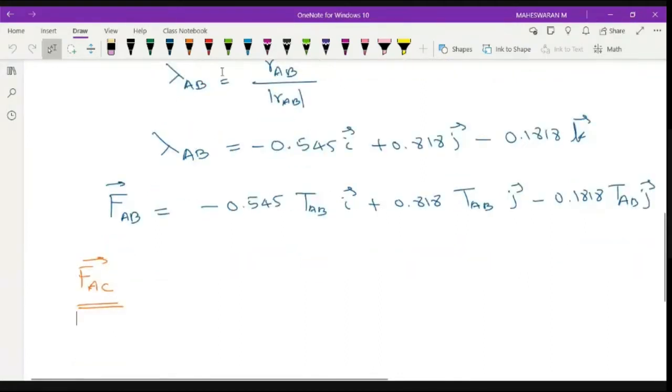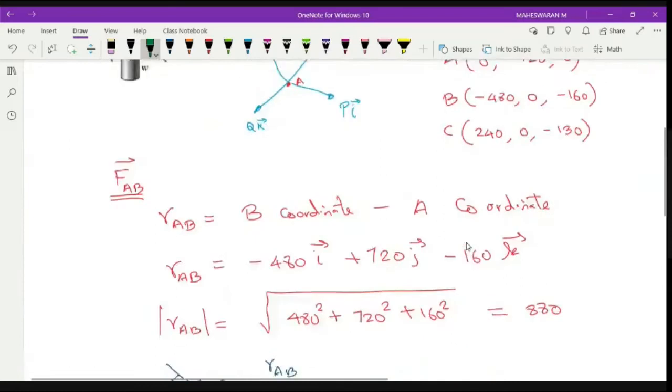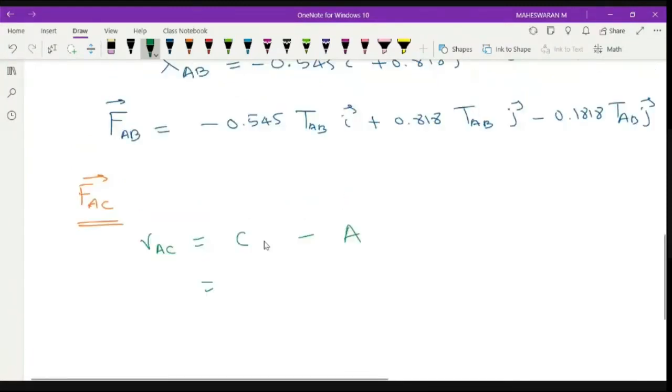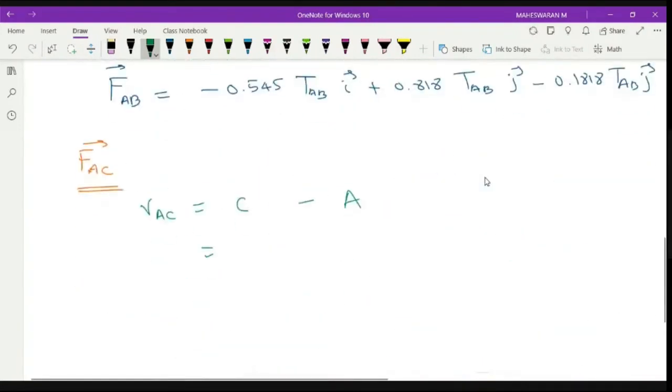So similarly, I have to proceed with the next force, which is FAC, right? First I have to identify the position vector RAC, which is equal to C coordinate minus A coordinate. So let me subtract it one by one. 240 minus 0, so we are getting 240 i vector.